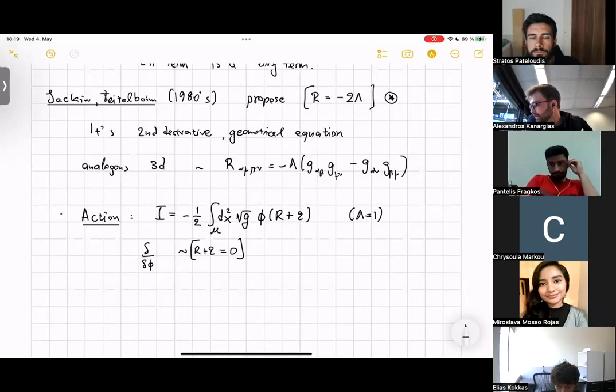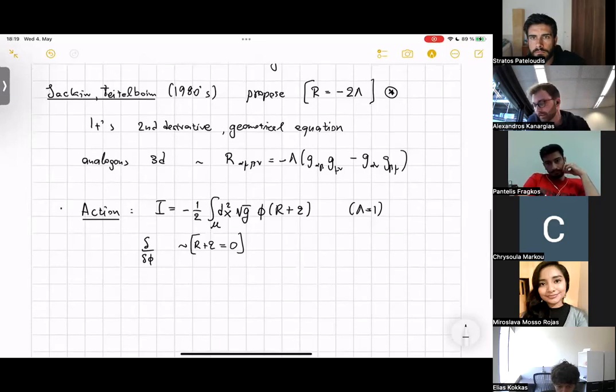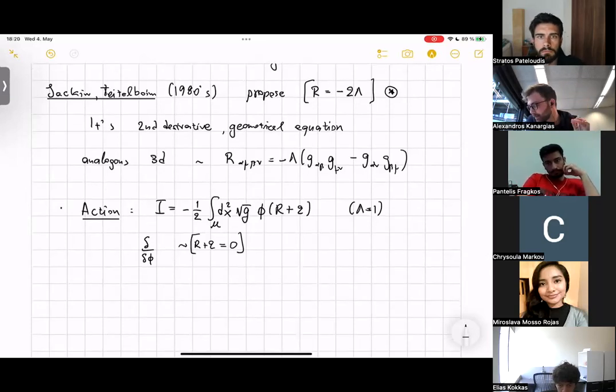Yes, but phi should not be dynamical, I guess, because there's no kinetic term, so you can integrate it out. So there are equations when you vary the metric, but I don't have them right now. But yes, you can also vary the metric.